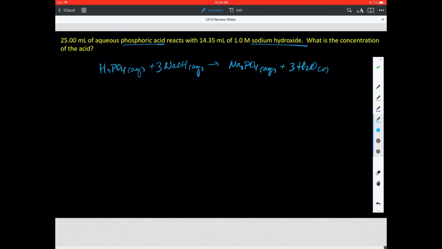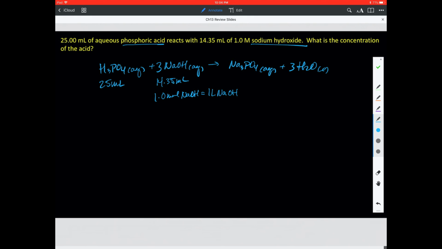All right, so if we were to summarize our information, we know that we have 25 mils of this, 14.35 mils of this, and 1.0 moles of NaOH equal to 1 liter of NaOH, okay? So, again, you might look at it and be like, ooh, I don't know if I should start with the 25 mils or if I should start with the 14.35 mils.